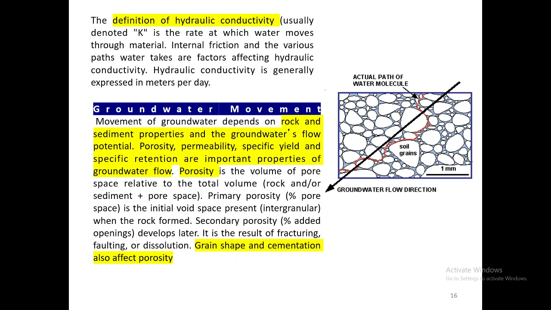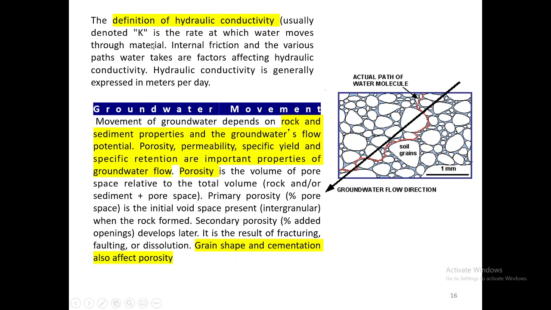So, an important parameter which is necessary in describing the movement of groundwater is the hydraulic conductivity. It is expressed as K, and it is the rate at which water moves through material.